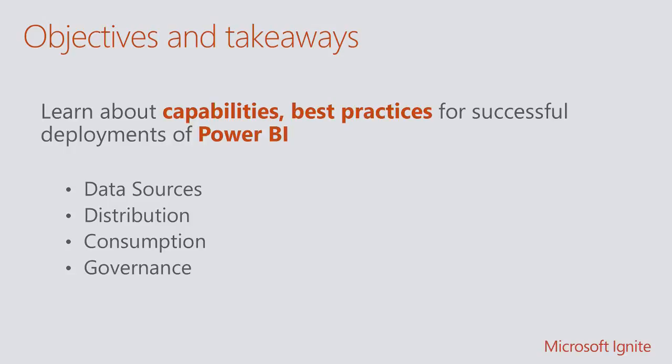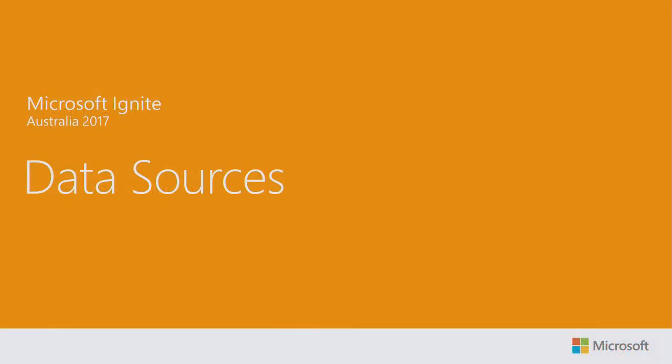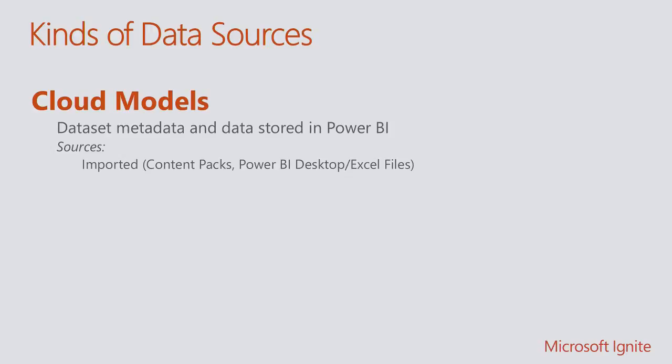Okay? So first, let's start with data sources, right? So how do you get your data into Power BI? At a high level, we see our world as having cloud models and having external models, right? So when we talk about cloud models, this is the case where you have your data and metadata about the data in Power BI, in the cloud, right?